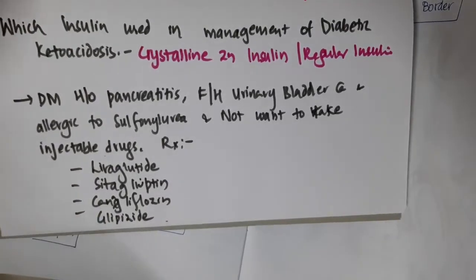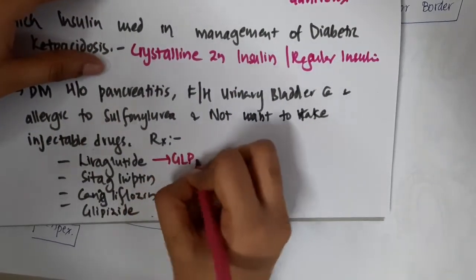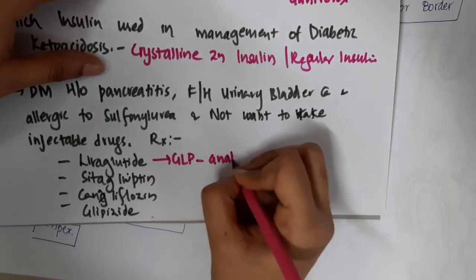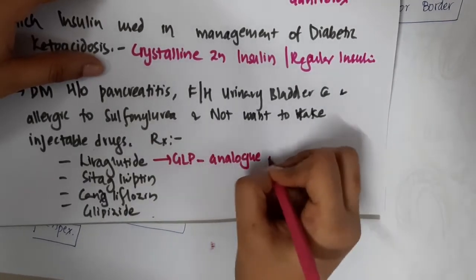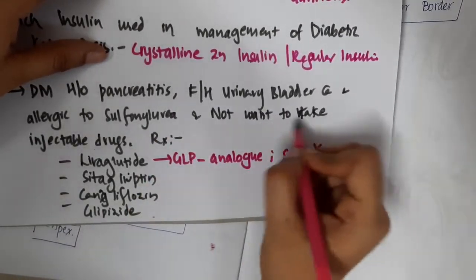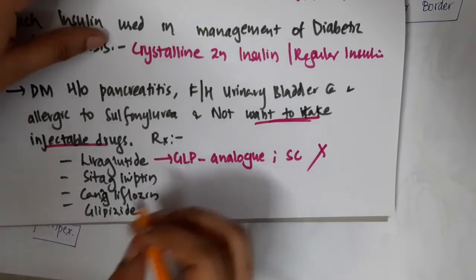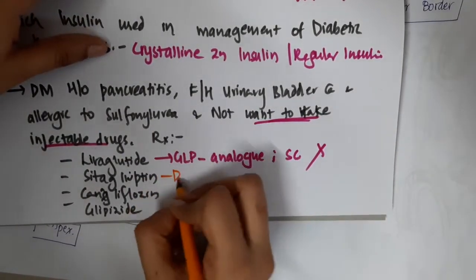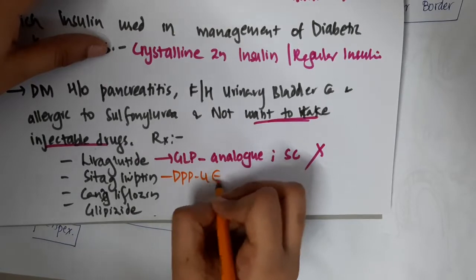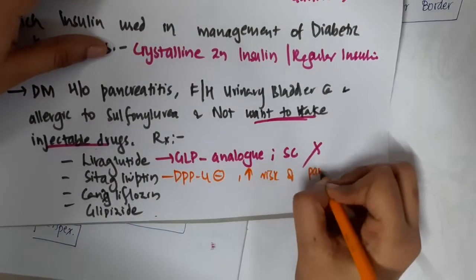Okay, so if you see, liraglutide is a GLP-1 analog, and it should be given only subcutaneously, so we won't give it because the patient is not willing to take injectable drugs. Then if you see sitagliptin, it is actually a DPP-4 inhibitor and it increases the risk of pancreatitis.